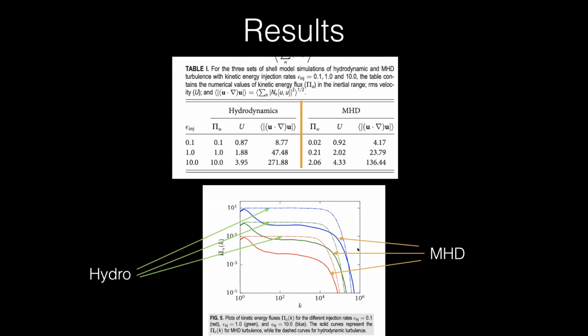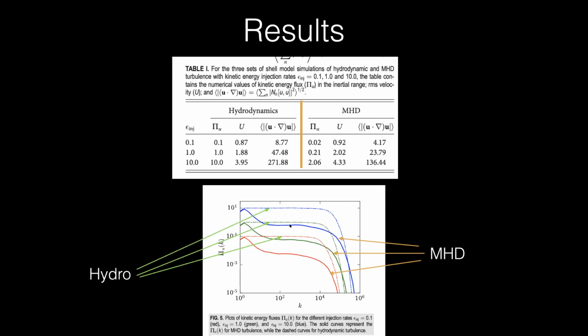The solid lines are the MHD flux. So look at one particular injection rate. The blue is injection rate of 0.1. So hydro will be above. These are nonlinear, so this is flux Pi U that we computed by nonlinear calculation. And MHD is the solid line. So you can see that there is in fact a drop of around 50%.